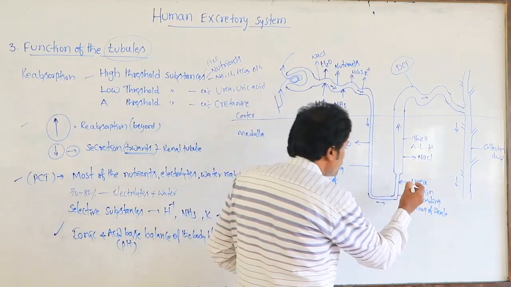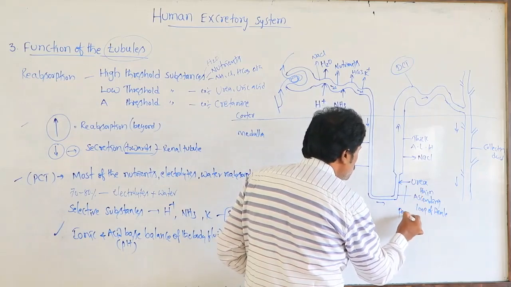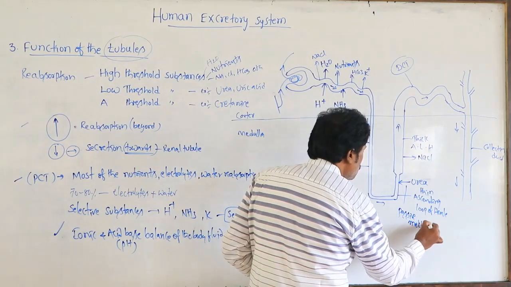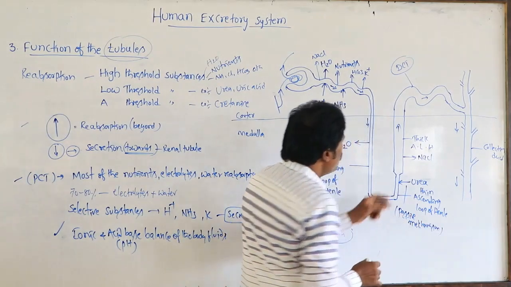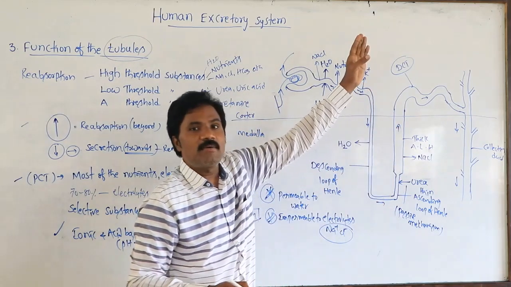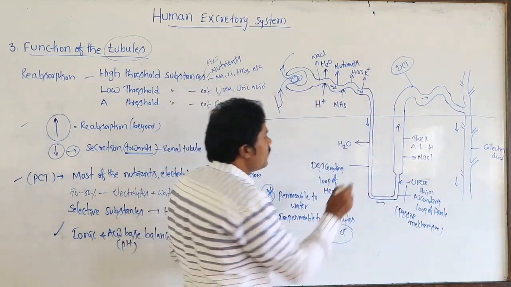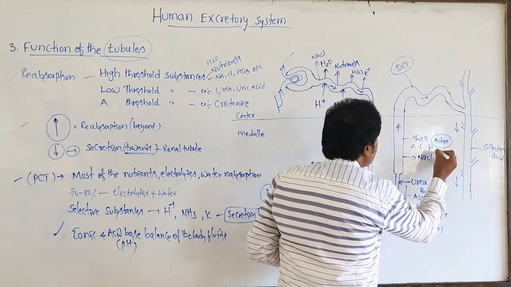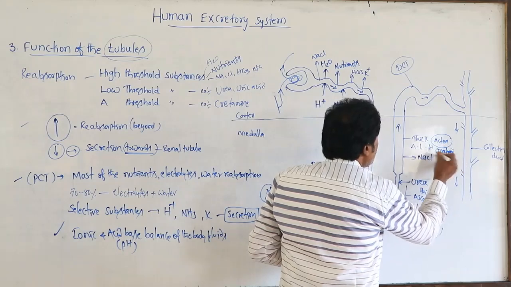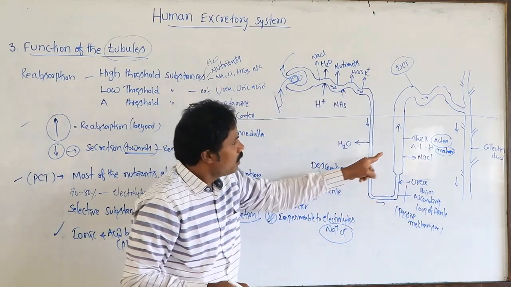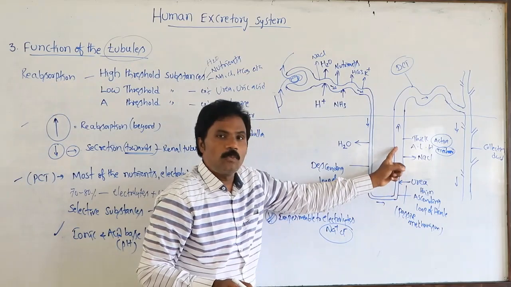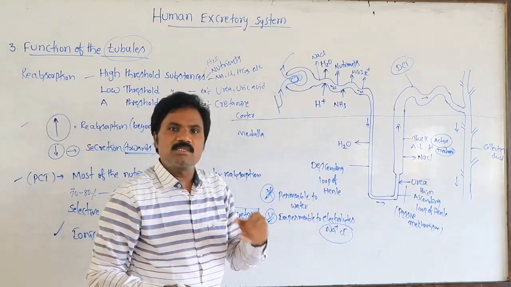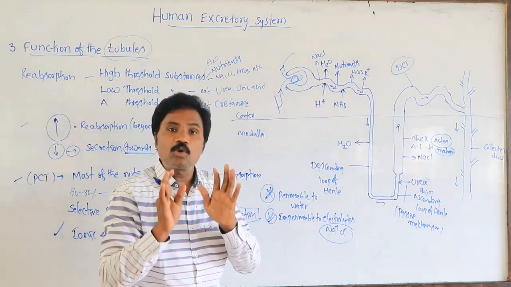What is the mechanism which takes place here? That is the passive mechanism. Whereas in the thick ascending loop of Henle, it takes place through an active mechanism. Here in the ascending thick loop of Henle, it is permeable to sodium chloride as well as calcium and magnesium electrolytes only.